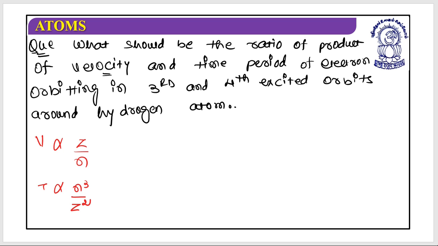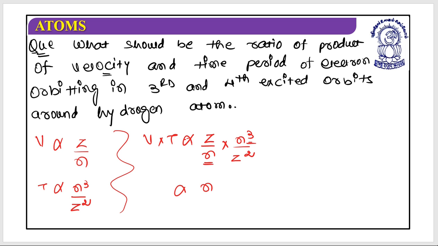If I multiply this, v into T is proportional to Z by n multiplied by n cube by Z square, which is n square by Z. So v into T is n square by Z.